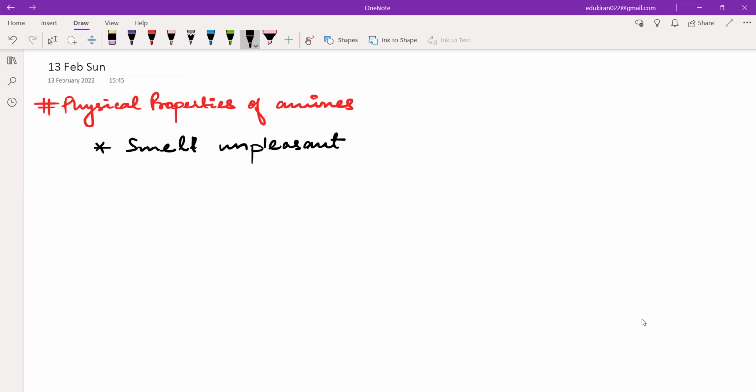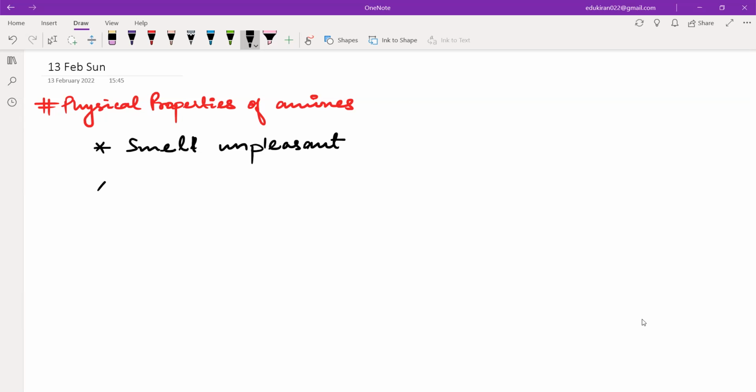In the pure form, you will find most of them colorless, but at normal conditions, they oxidize with oxygen and somewhat impart a yellow color. But they smell unpleasant. This is one of the characteristic properties of amines. The lower members are gases, but I think after 5 carbon atoms, these amines are liquid. So we'll mostly be talking about boiling points.